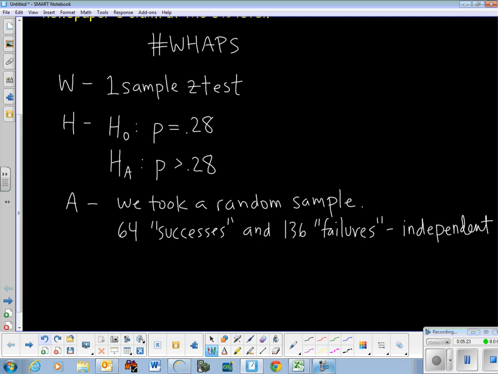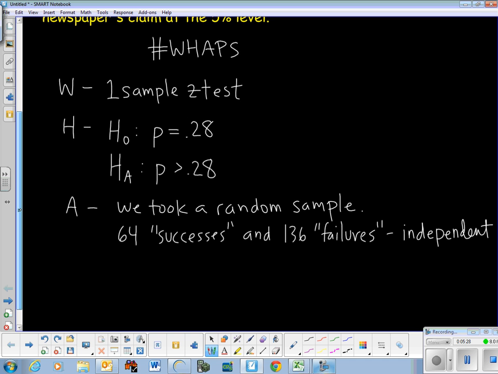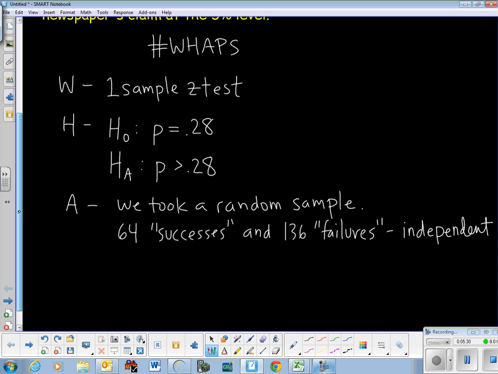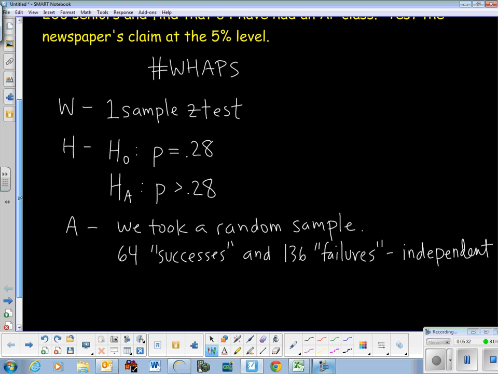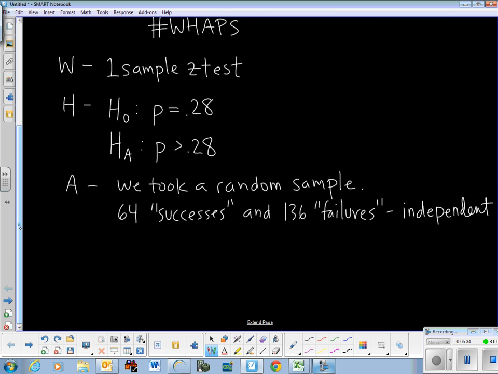The assumption is that we had a sample large enough to where we had this many successes and this many failures, which is pretty much close to independent. I'm going to talk more about the difference in those two things soon, but that's why we use A for conditions assumptions. Anyway, the last one, random, normal, and independent.